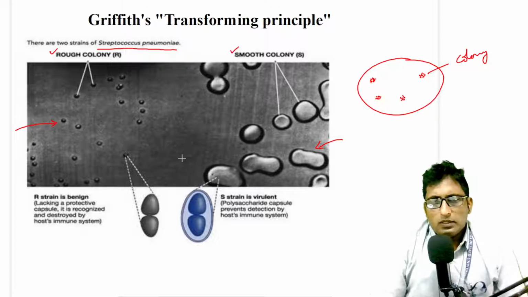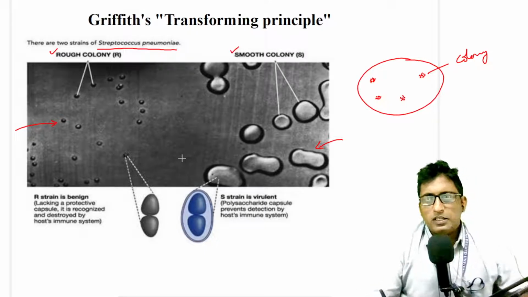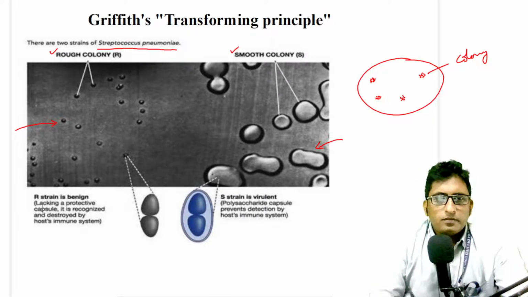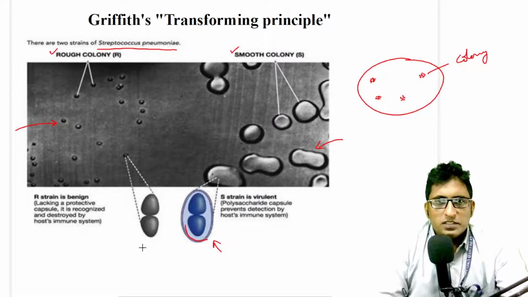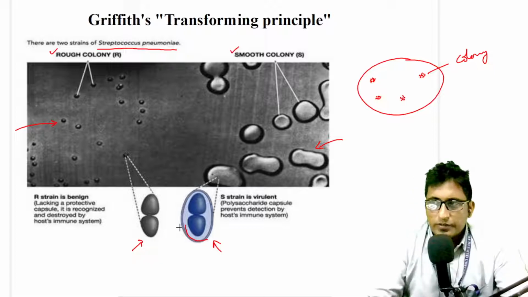The difference between them is because of the capsule. The smooth strain had a capsule around it, whereas the rough strain did not have any capsule. So something is missing in R, or S has something extra.